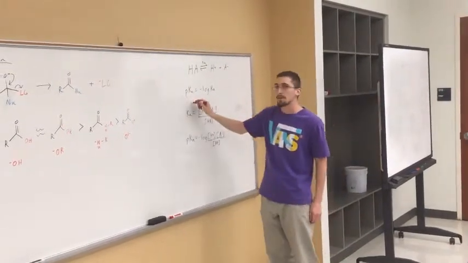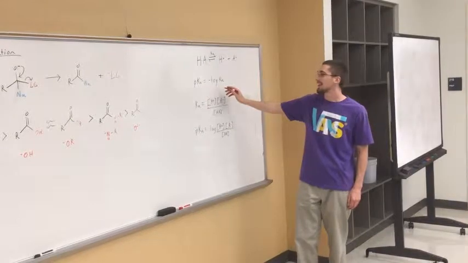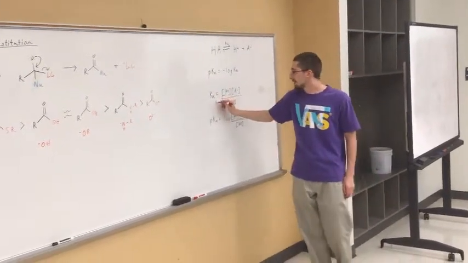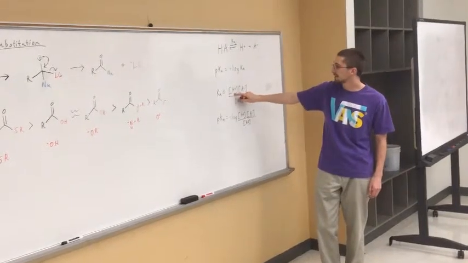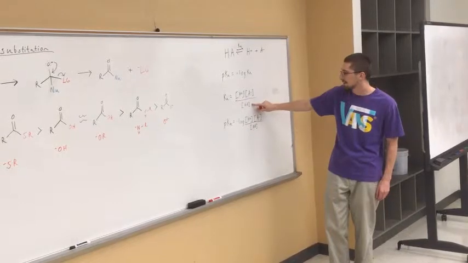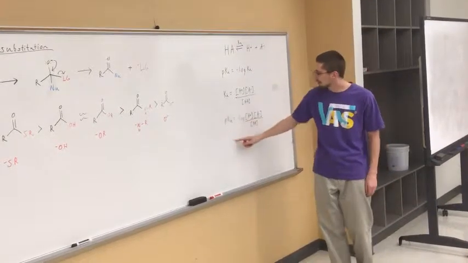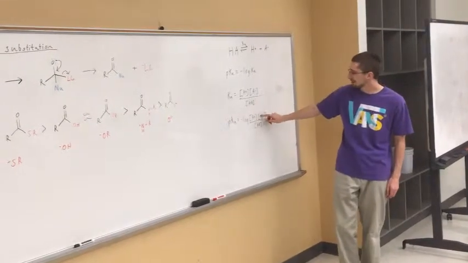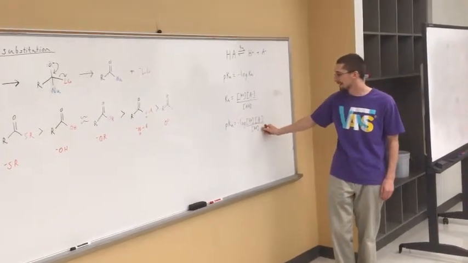And the pKa is defined as the negative log of Ka. And if you don't know, Ka is the equilibrium constant. That's the concentration of the hydrogen ion times the conjugate base over the concentration of the acid. And that leads us to our final equation for pKa right here: the negative log of the hydrogen ion concentration times the conjugate base divided by the acid.